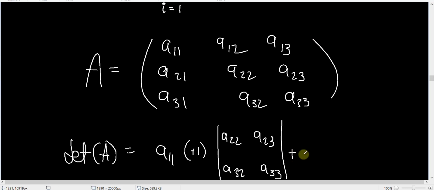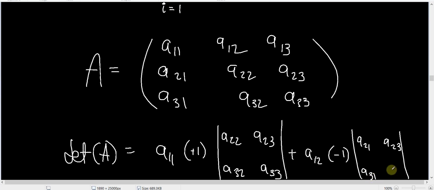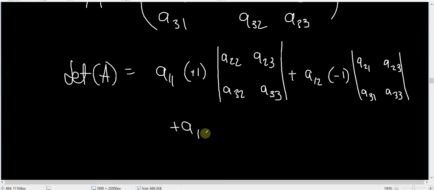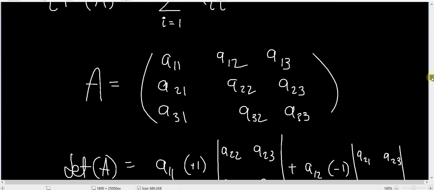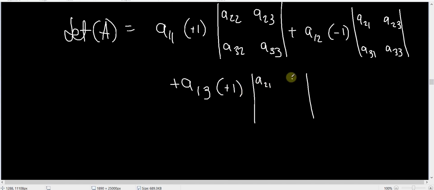Now this is plus A12 multiplied by negative 1 multiplied by a second determinant here. If we remove this column and this row, we will be left with A21, A23, A31, and A33. Then we have another one, A13 multiplied by positive 1 multiplied by a third determinant, which is this determinant, A21, A22, then A31, A32, right?